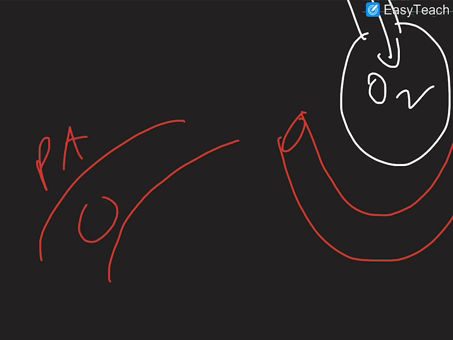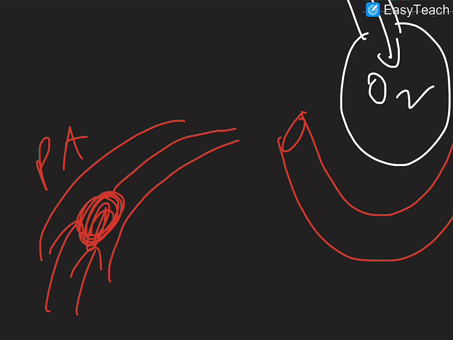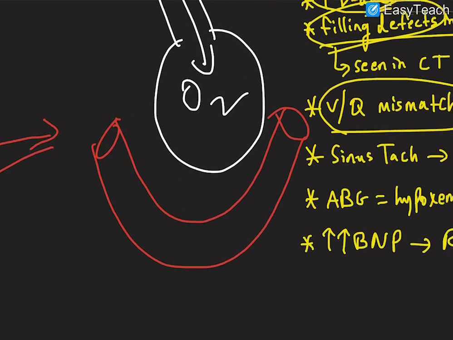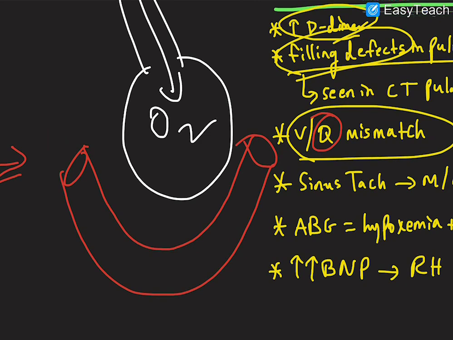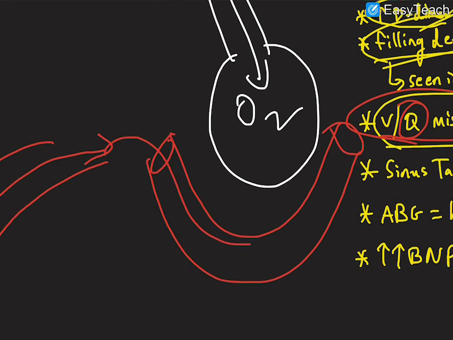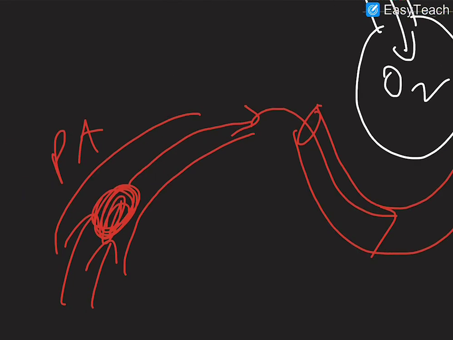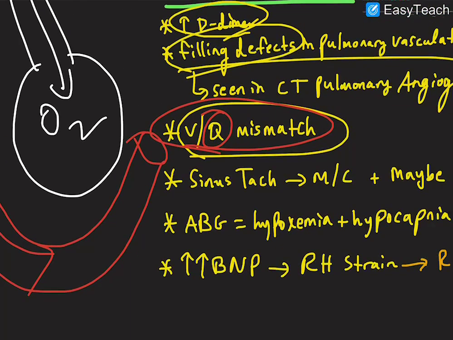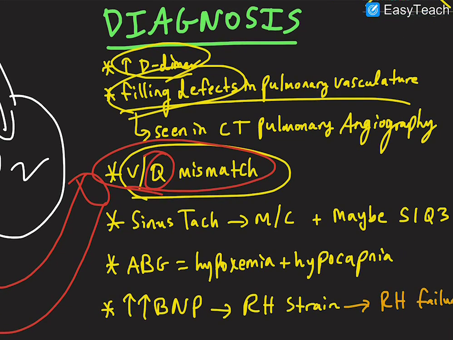If you have a clot here, there's less blood flow going to your pulmonary capillaries. So that's why the perfusion part of your VQ ratio is going to be messed up. You're not getting enough perfusion through your pulmonary capillaries due to the clot in the pulmonary arteries. So VQ mismatch should make sense too.